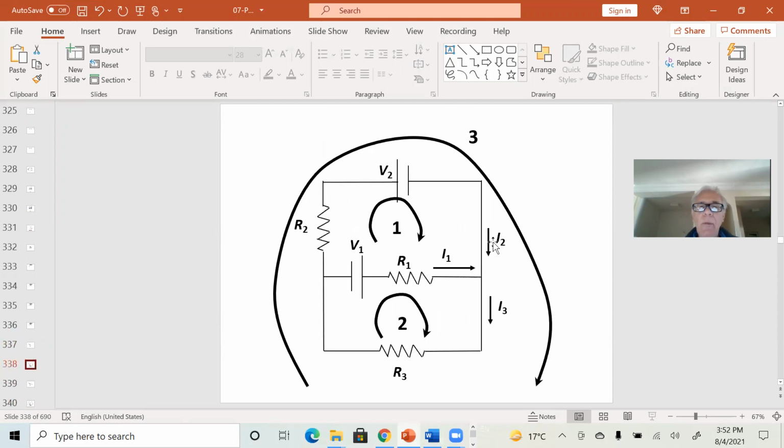Okay, there are three loops, not two, but three. We have the two inner loops, and you have the outer loop. This is loop number one, loop number two, and loop number three. I'm making all of them in the clockwise direction. Again, it doesn't matter if you choose clockwise or counterclockwise.